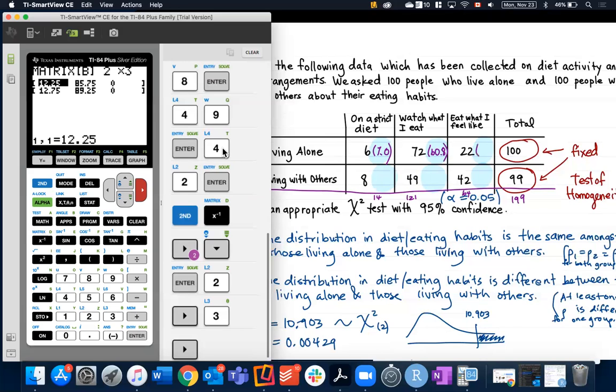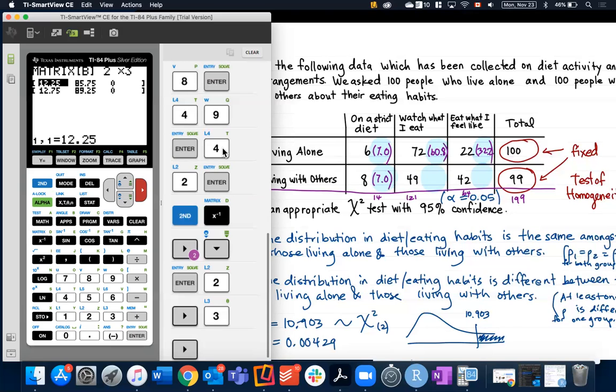So this gives me 32.2 if I round. The next row, we've got 99 times 14 divided by 199 gives me 6 point, and then, oops, it'd be 6 point, okay, so this is going to be 7.0 if I round.